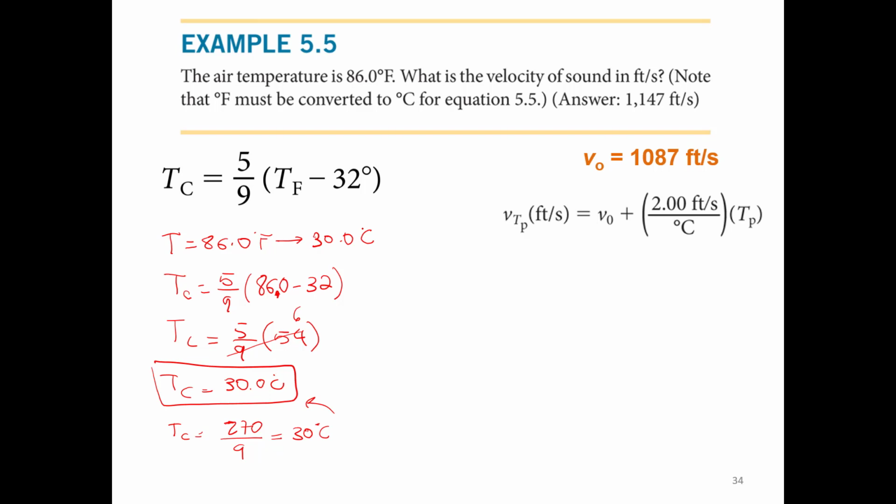Now let's calculate the velocity. Then the velocity of the sound equals to, we know this is the velocity of the sound at 0 degrees Celsius in feet per second, 1087 feet per second plus 2 feet per second times the temperature.